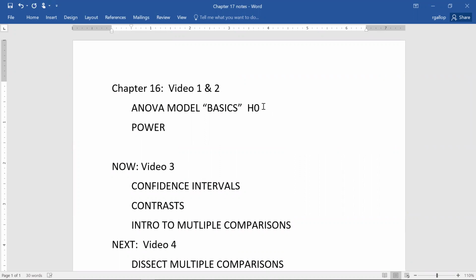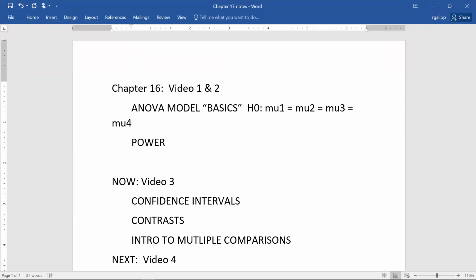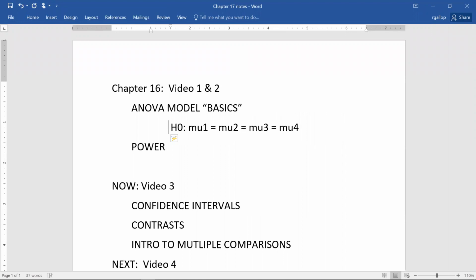So we had our H0, if we use the Kenton data set as the example, where we had the four designs of the packaging. And we were looking basically at whether or not the four means, the on average sales for the four designs, were equal. So we dissected that.